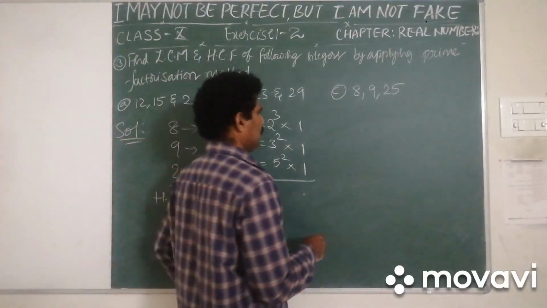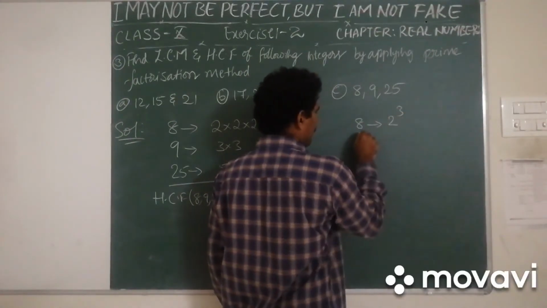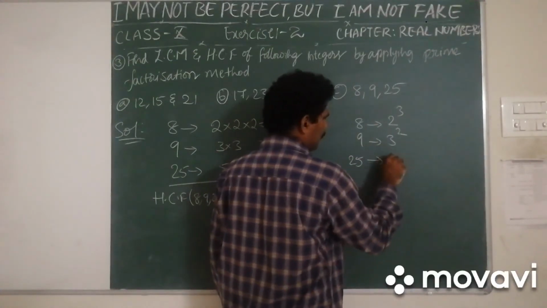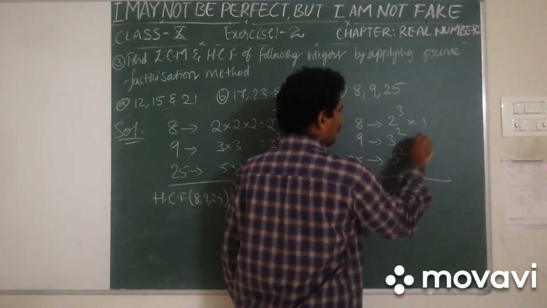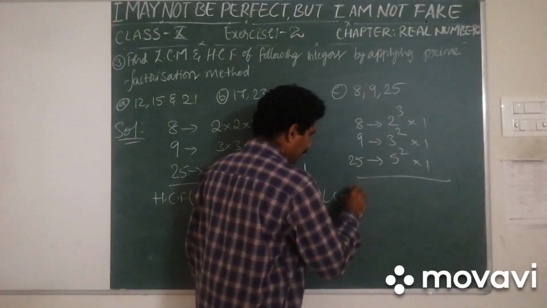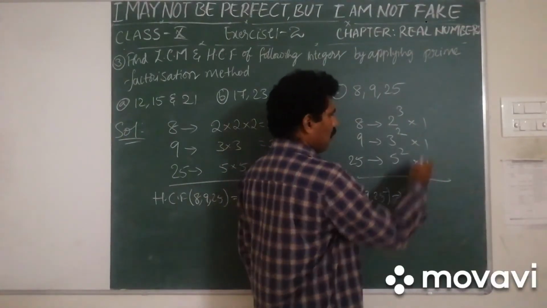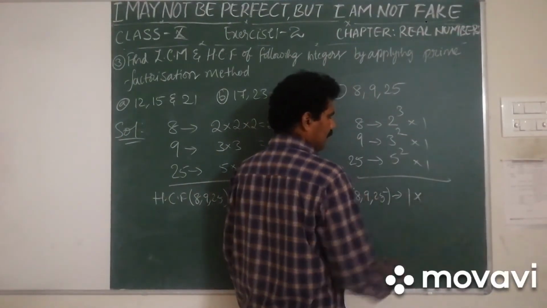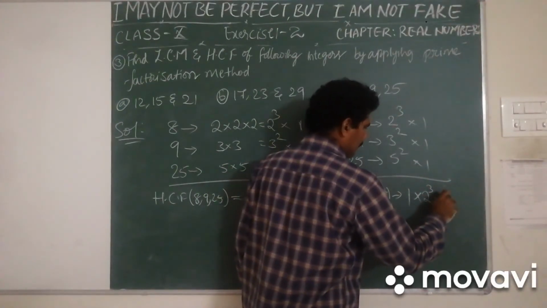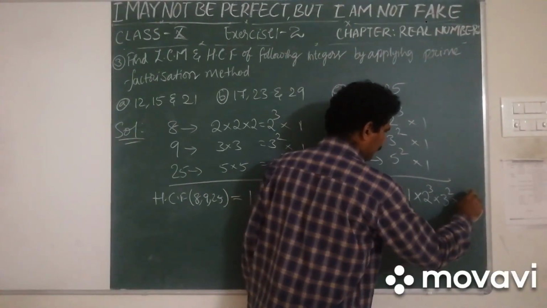Now for LCM. 8 can be written as 2 cube, 9 can be written as 3 square, and 25 can be written as 5 square. So same here, we are going to find LCM for 8, 9 and 25. So what to do here? Common factor 1 into other values. So here 2 cube into 3 square into 5 square.